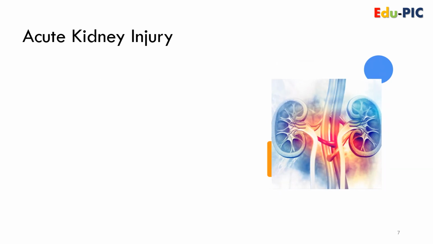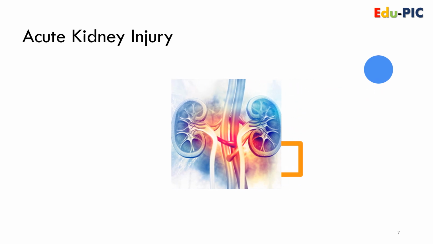So, what causes acute kidney injury and why is it so common in critically ill children? Well, as you must know from any textbook, you can divide the reasons into pre-renal, renal, and post-renal. Pre-renal is mainly related to the supply getting to the kidneys.